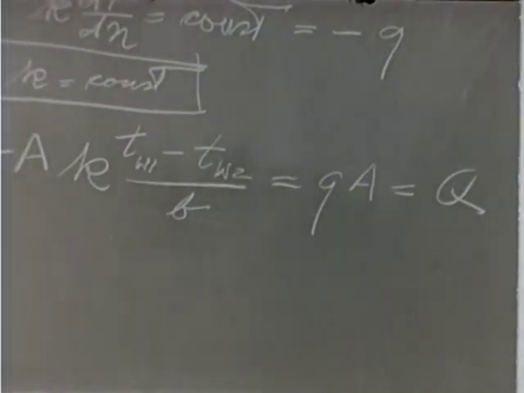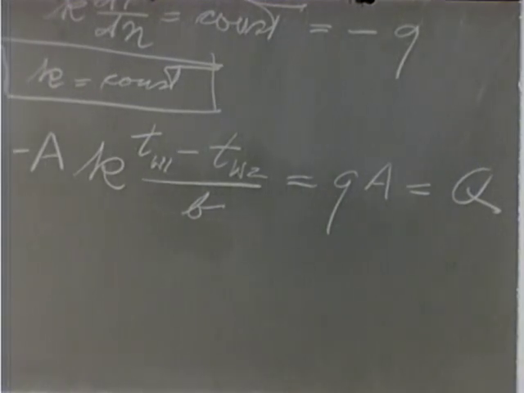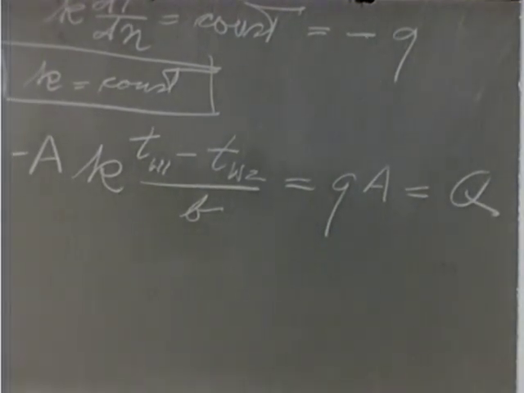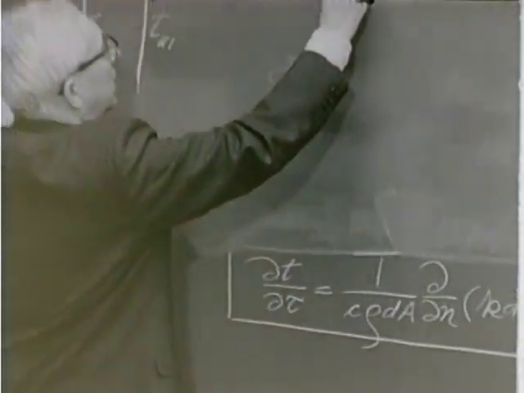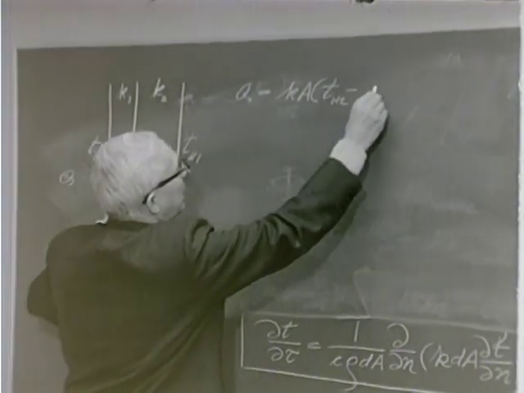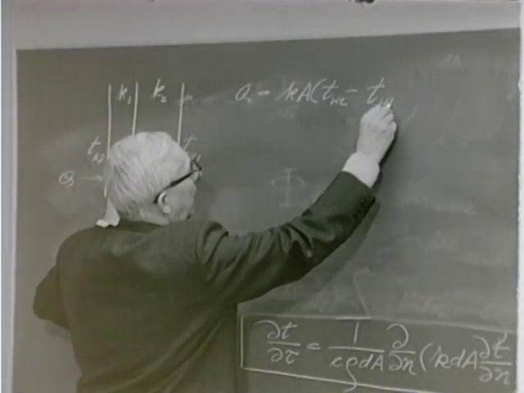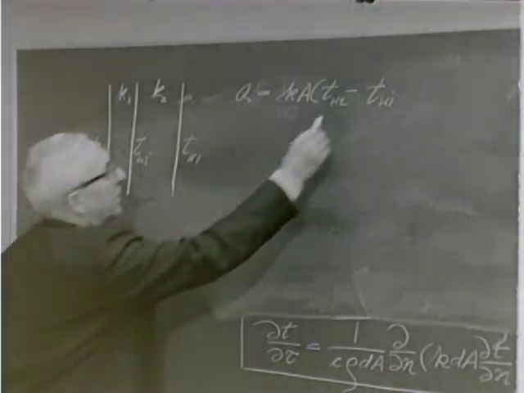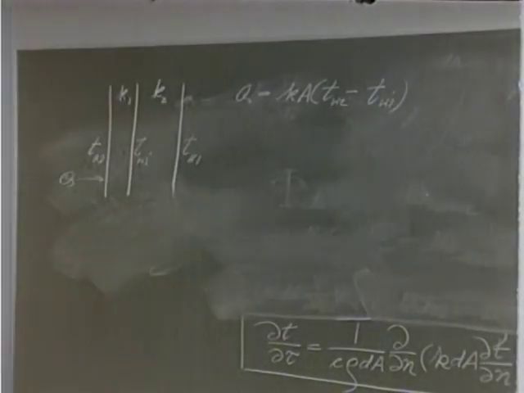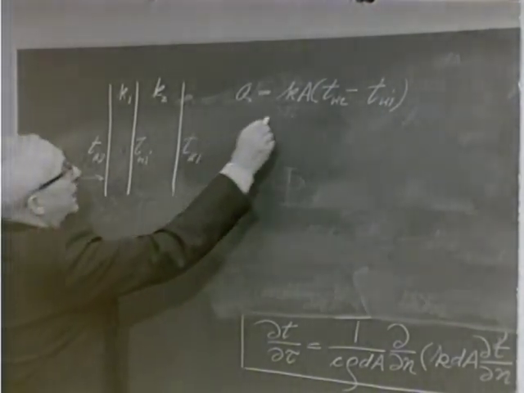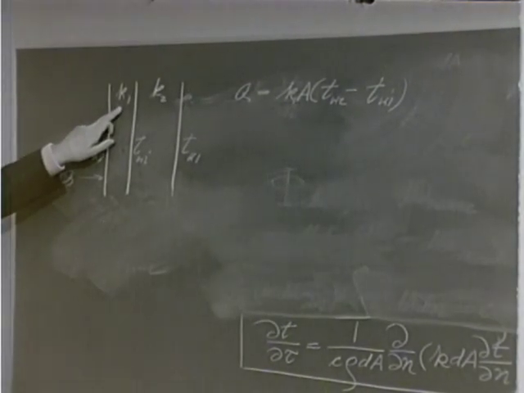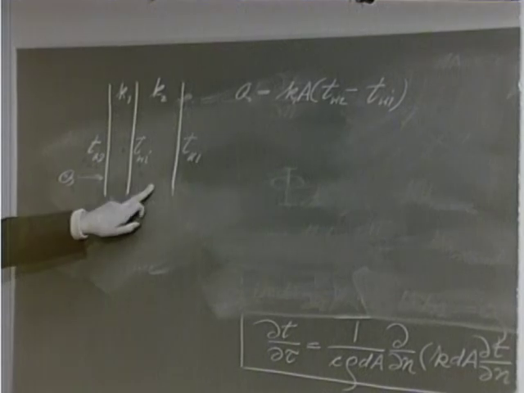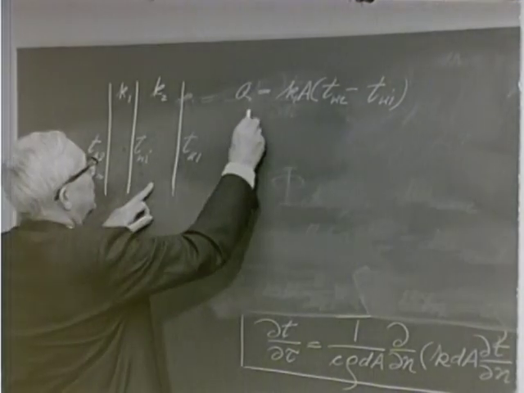K times A times, instead of T1 minus T2, I have to write first the temperature which is upstream, TW2, minus this one here, TWI. And I have to write K1 because I'm in the material with the thermal conductivity K1. I can write an equation.